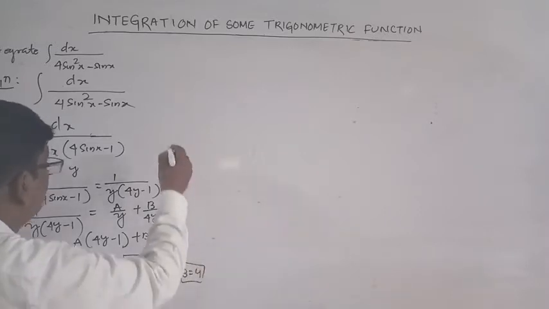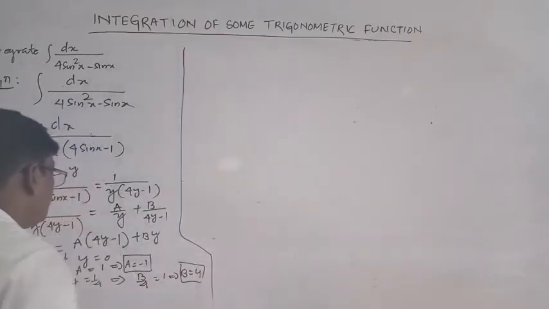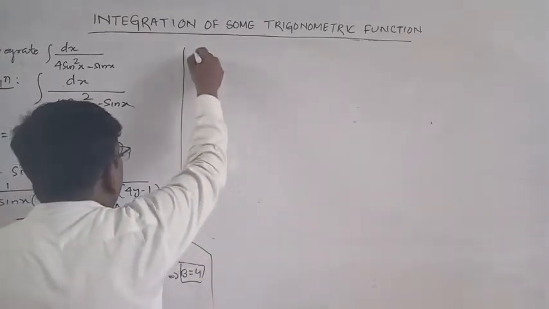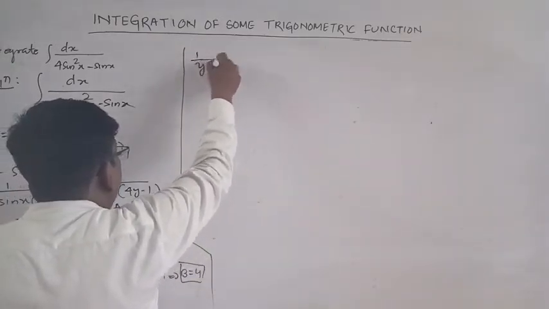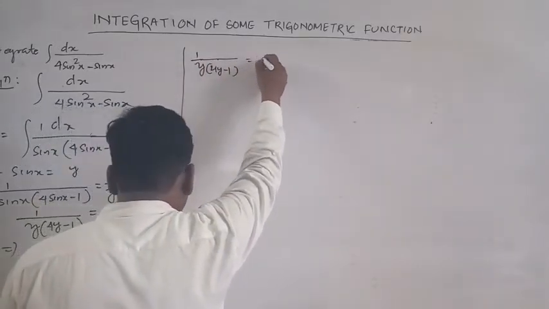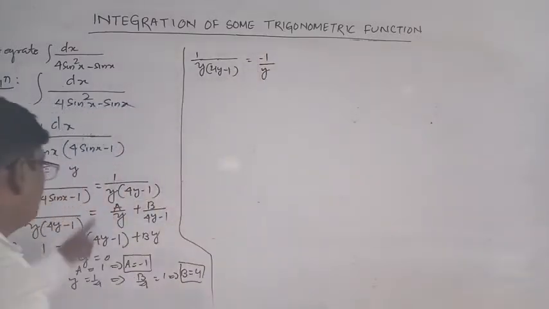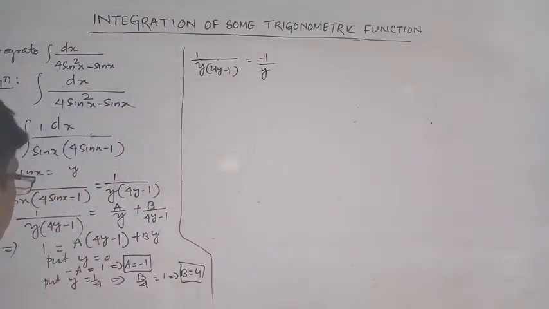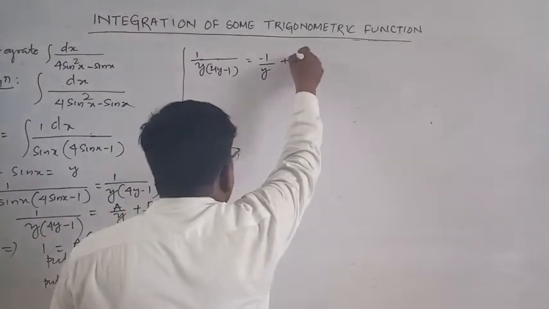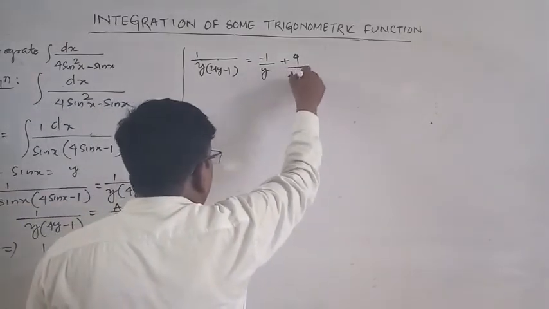Okay, now 1 by y into 4y minus 1 is equal to a, that is minus 1 by y, and b, that is 4 by 4y minus 1.